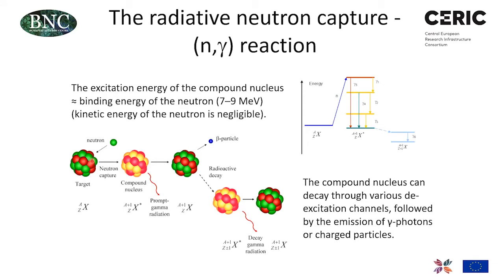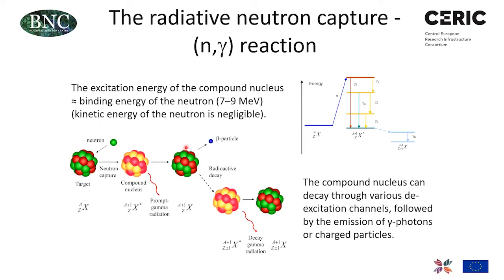This neutron has a binding energy, so it will attract the other protons and neutrons in the atomic nucleus which were already there. This binding energy is in the order of 7 to 9 mega-electron volt in most of the cases. And this is such a high value that the kinetic energy of the neutron is often negligible.